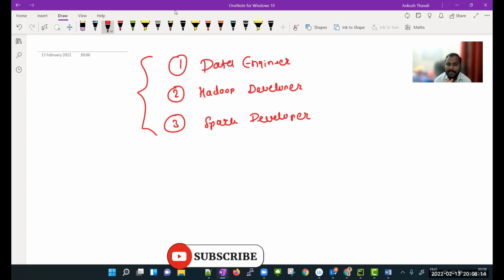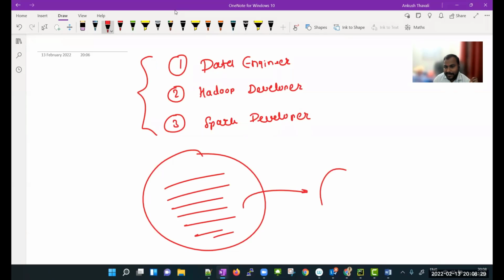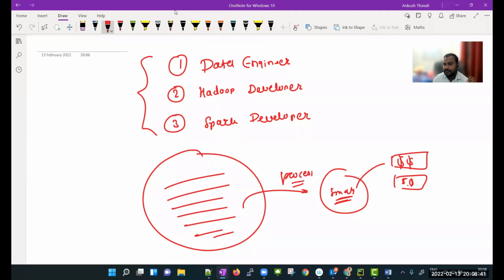The strategy of the current world is: if they have a huge amount of data, can I process it to get a small amount of data, and by using this small amount of data can I increase my business and earn in dollars?